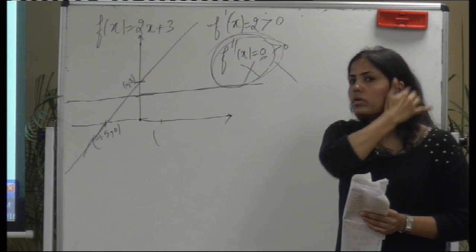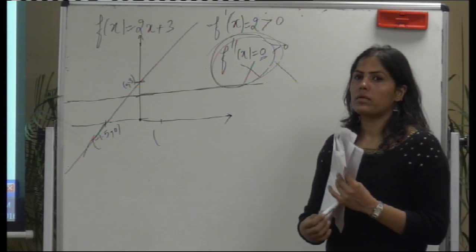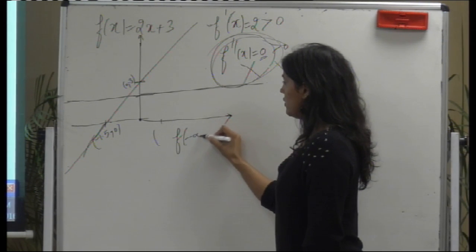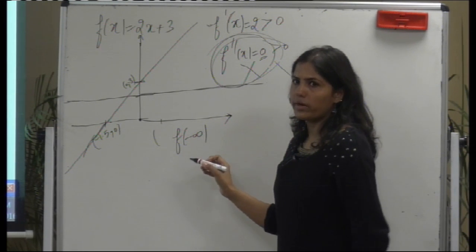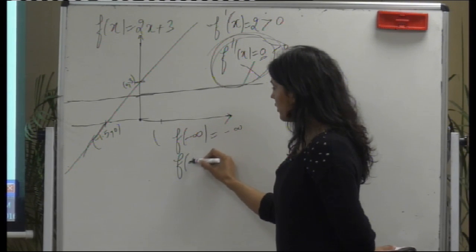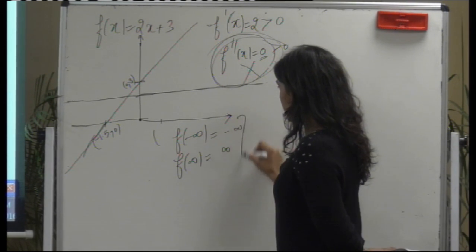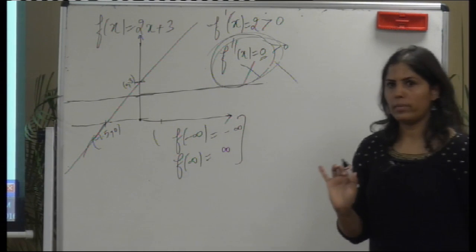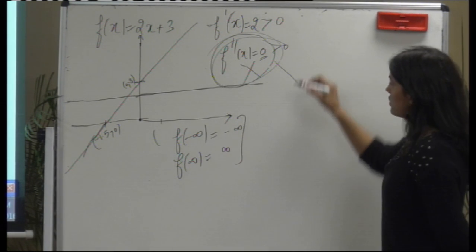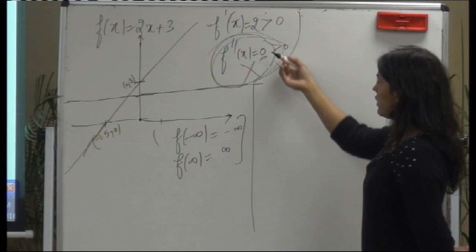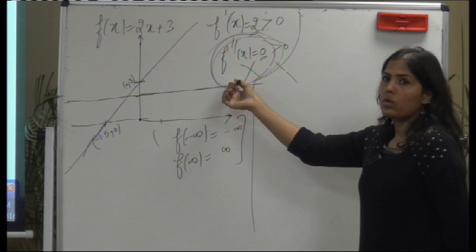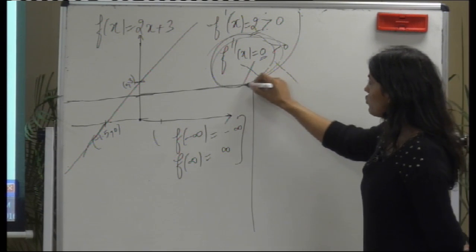What will be the value then? f of minus infinity will be the least value. I am not calculating it, and it will be 100% minus infinity, and f of infinity will be infinity. So these are the upper and lower values, maximum and minimum. You can take it down till minus infinity. For the derivative function both are the same, because the derivative function is anyhow constant.